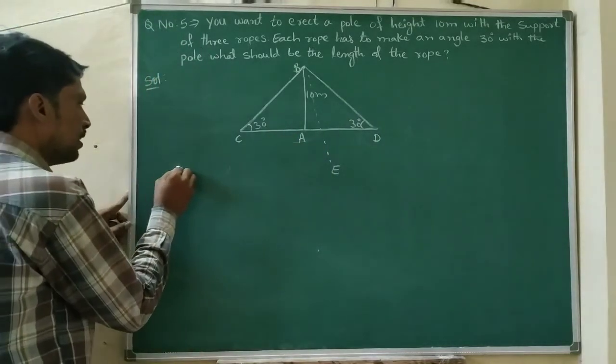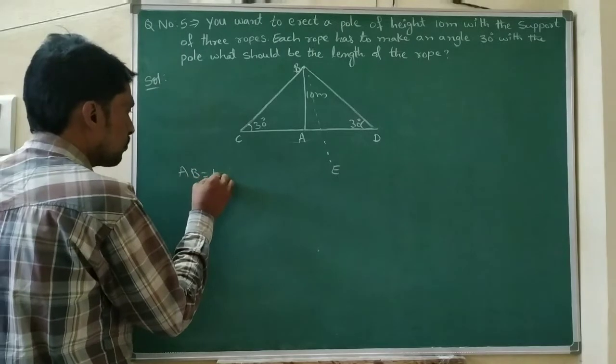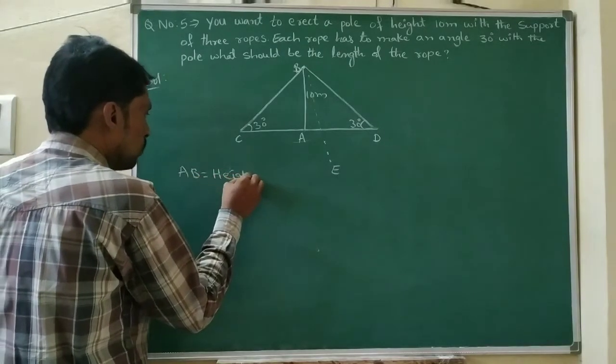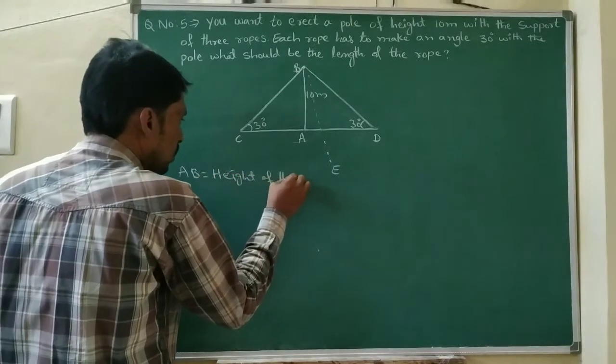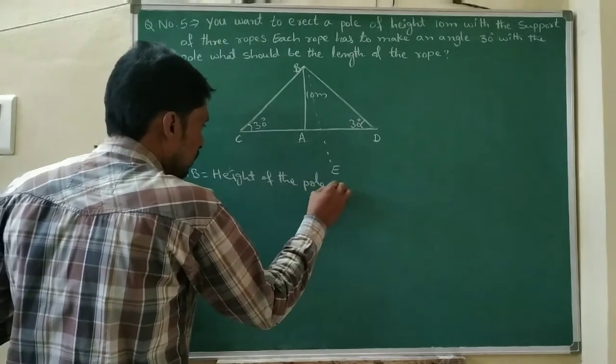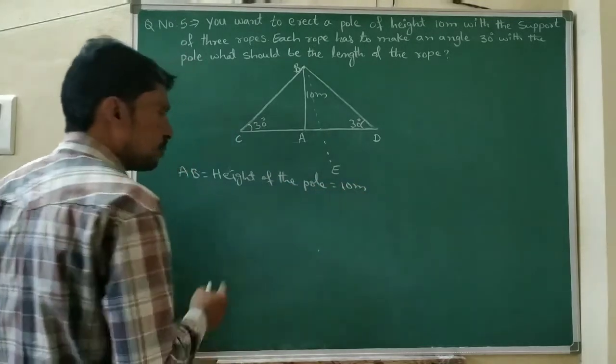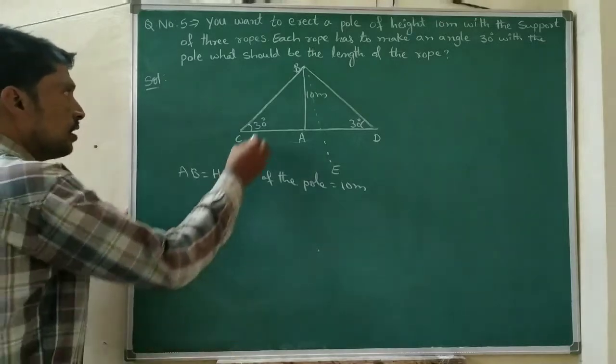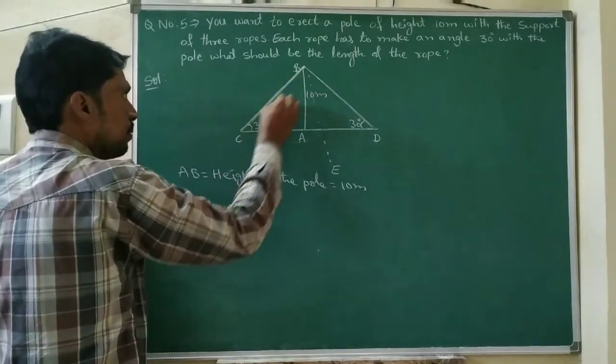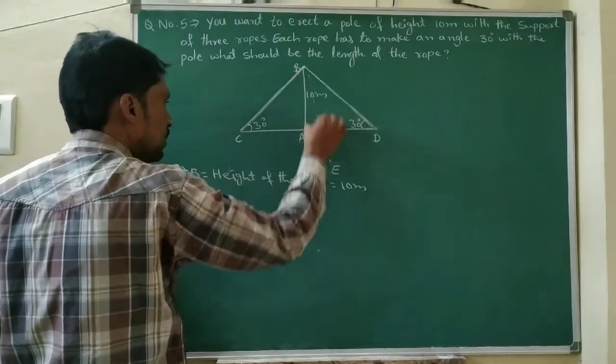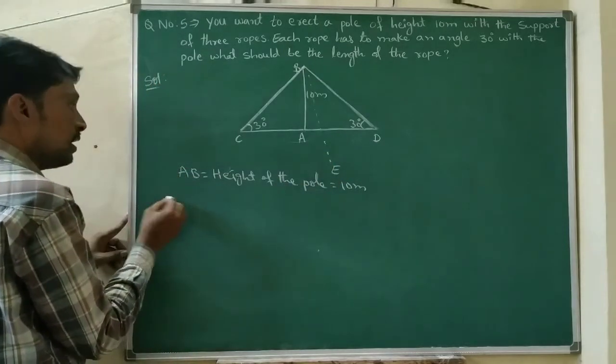Now you can take AB equal to the height of the pole, that equals 10 meters. Height of the pole is given by 10 meters. Now BC, BD and BE are the same length of the ropes.